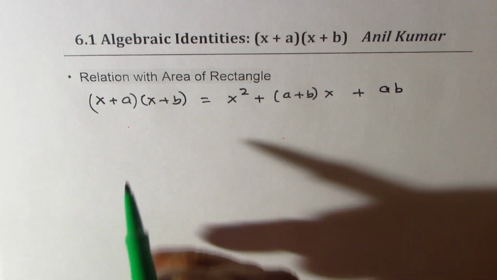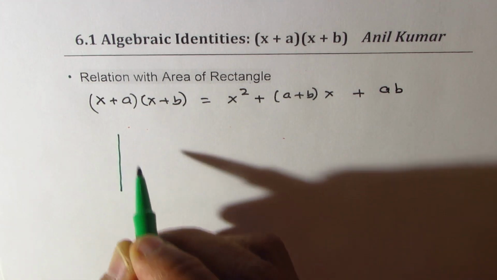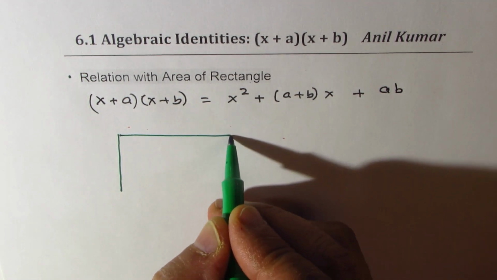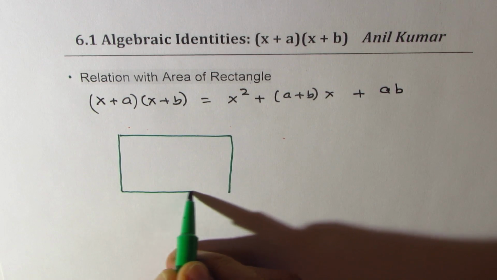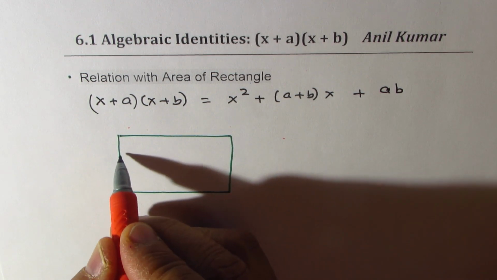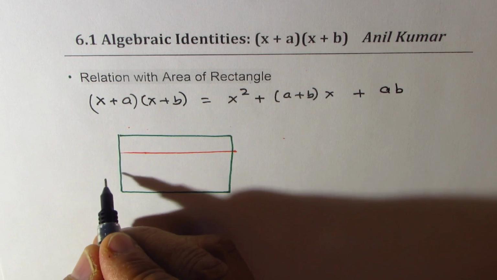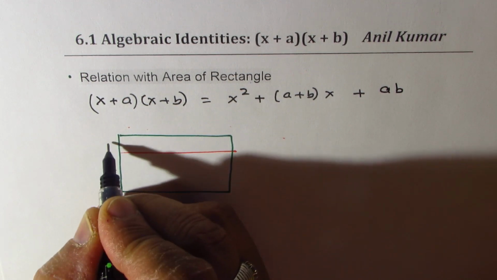Now you can think about a rectangle whose sides are, let's say, let me draw a rectangle here. Let us say this side is, let me draw a line here, and let us say this is x and this is a.